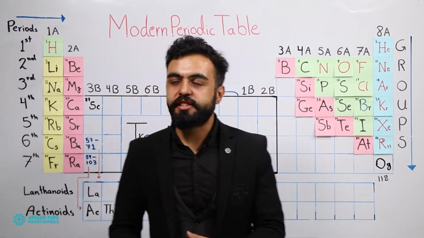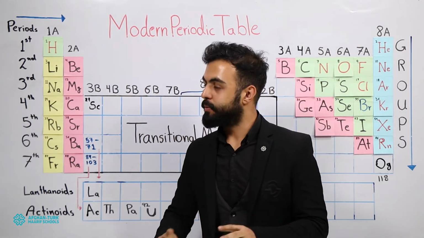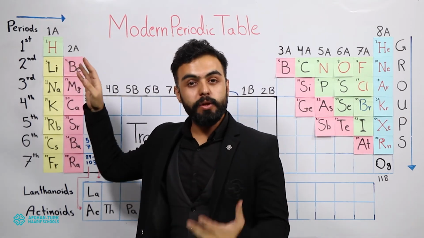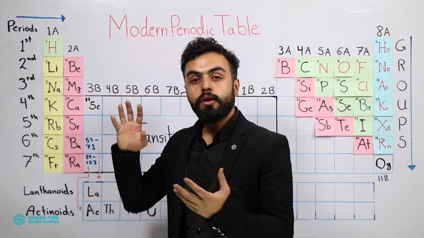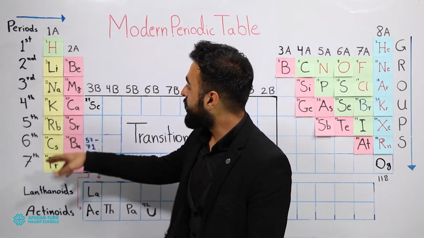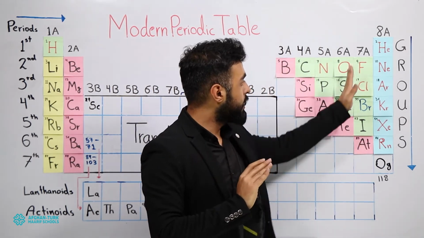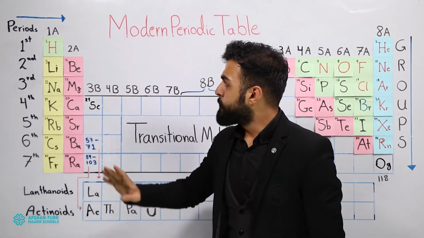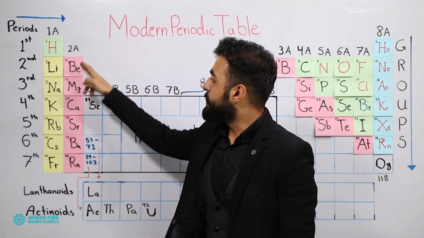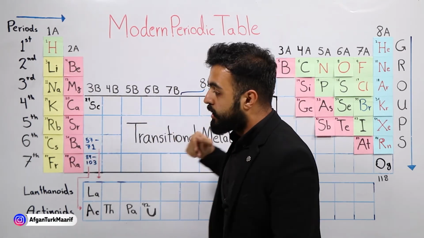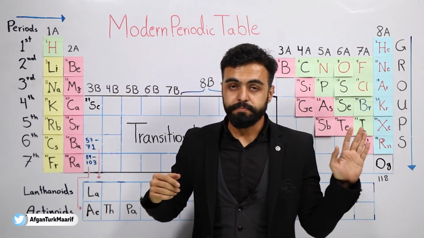Here with the table, as we talked about the groups, we have 2 types of groups: the A groups, which are the main groups, and the B groups, which are the subgroups. So we have 18 columns: 10 of them are here, and the 6 others are here. We have 1A, 2A, the first main group, the second main group, the third, the fourth, the fifth, sixth, 7th, and 8th one.